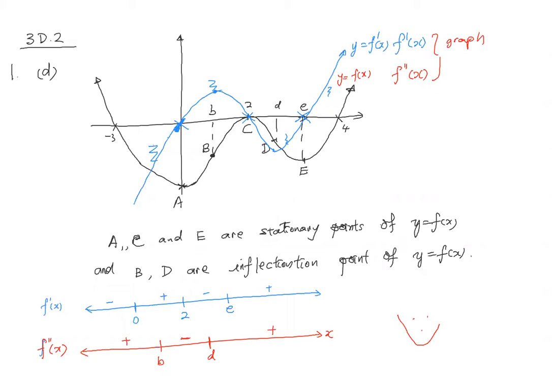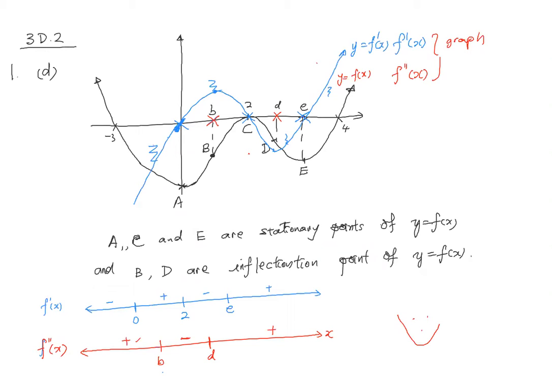For your f double prime x, it passed through B. I have to use red. It passed through B and it passed through D. So above, below, and above.